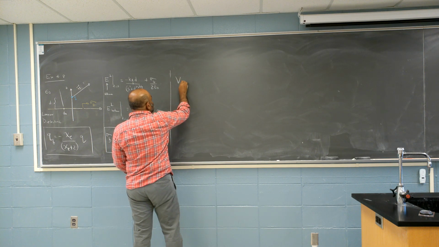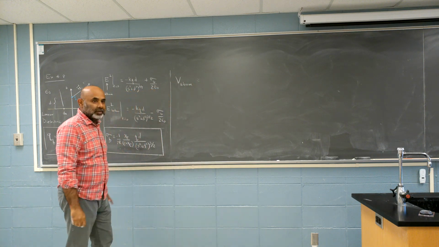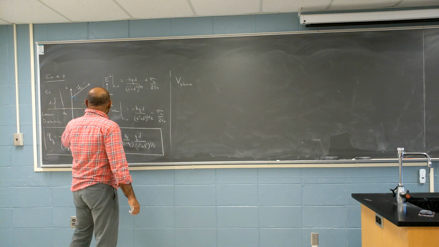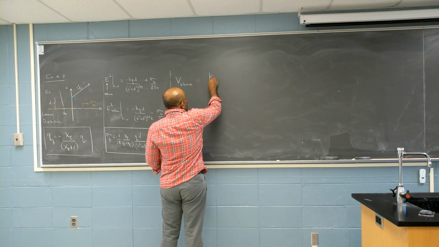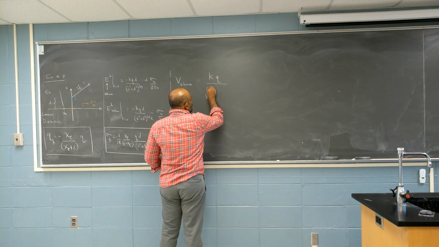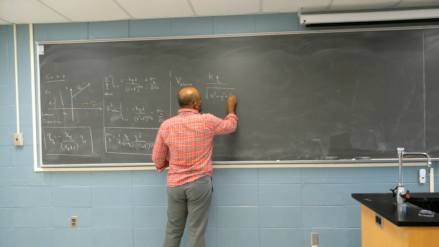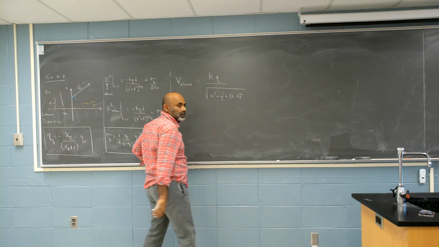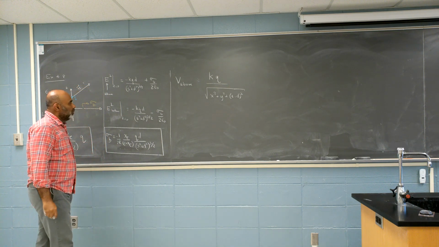V above, that's easy. First, I have a real charge. So KQ over R, X squared plus Y squared plus Z minus D squared. Correct? Obviously, what am I going to do?